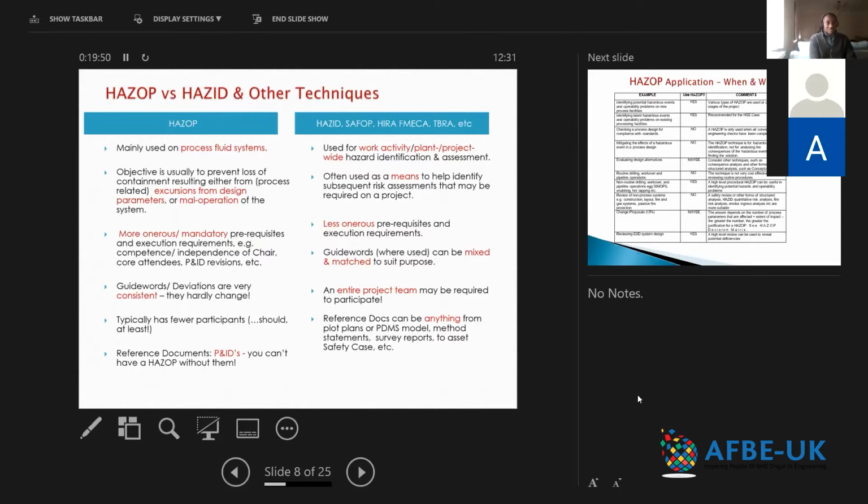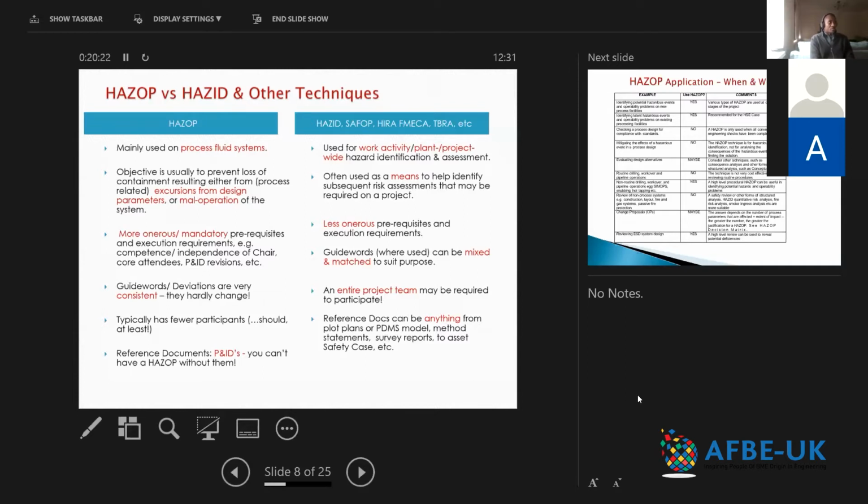So the other risk assessments are mostly used for work activity or plant or project-wide hazard identification and assessment. If you recall from what I said, SAFOPs and HAZIDs and HIRAs are used for those sorts of project activities, as opposed to process fluid systems, which the HAZOP is used for.